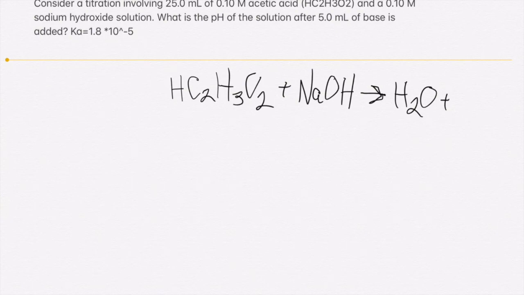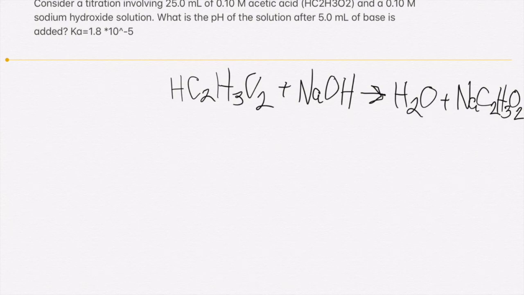That is, there's not going to be any backward reaction going back to form our original starting materials. In the balanced reaction, one sodium hydroxide and one acetic acid combine to produce water and sodium acetate. So we need to figure out how much material we're starting with.